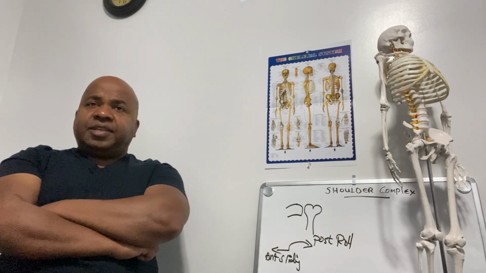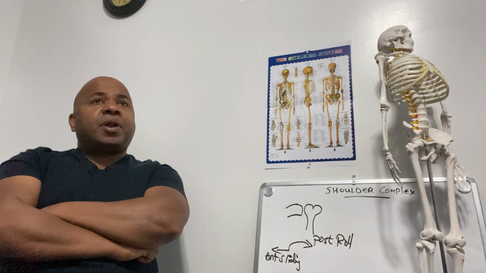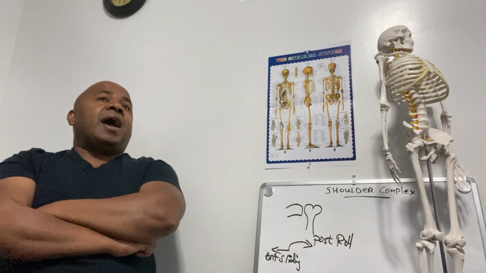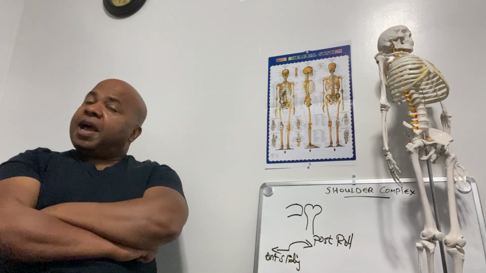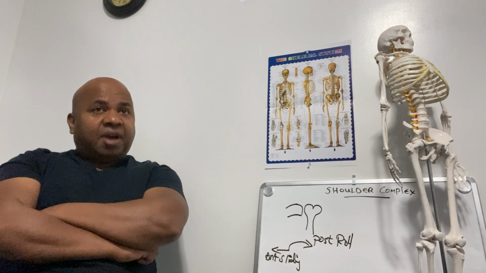The second plane, which divides the body into an upper half and a lower half, is called the transverse plane or horizontal plane. The axis is the vertical or longitudinal axis, and the movements possible are medial rotation and lateral rotation. And the third plane is the sagittal plane, which divides the body into right and left halves.